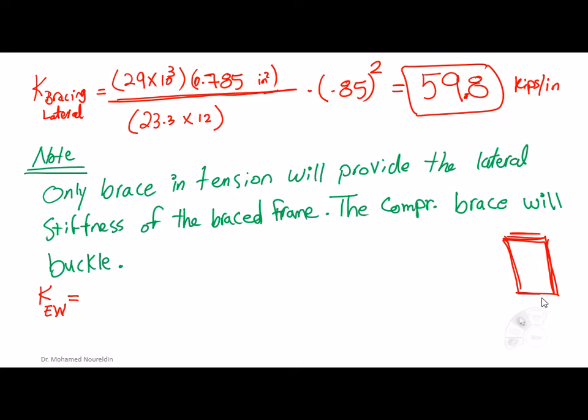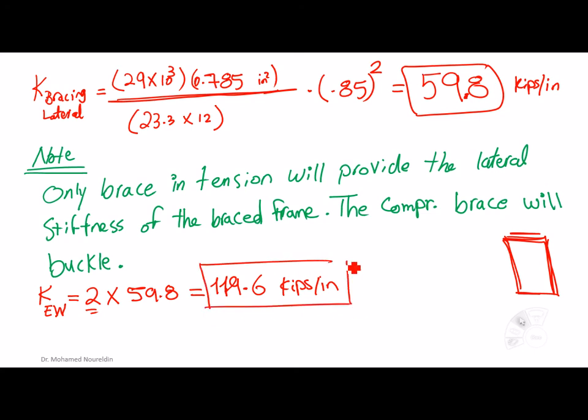This means that we have two main resisting systems coming from the two different bracings. So we are going to multiply this 59.8 by 2, and this would give us 119.6 kips per inch. Okay, so this is EW, or the east-west one.